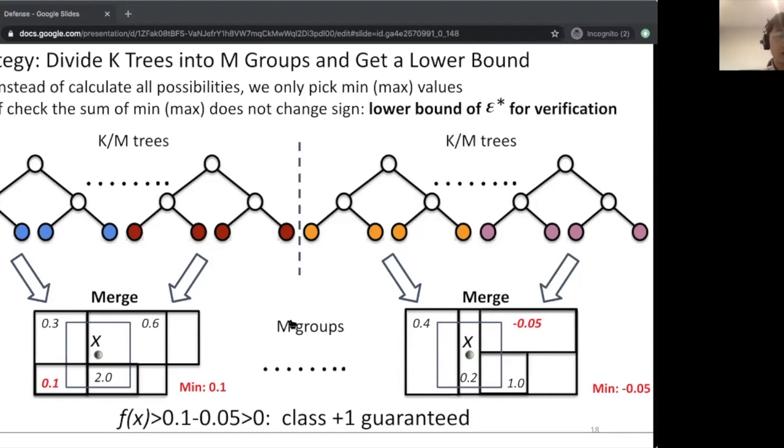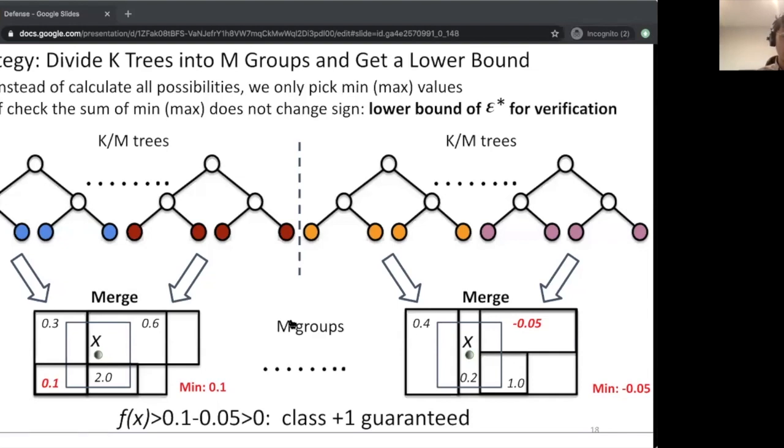So for example, here we have 4 trees. So we divide them like the blue tree and the red tree as one group, and the orange tree and the purple tree as another group. For the blue tree and red tree, we merge all the boxes and we pick the minimum value we can get, which is 0.1. And for the orange tree and the purple tree, we do the same thing.